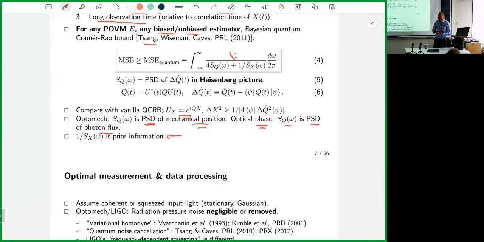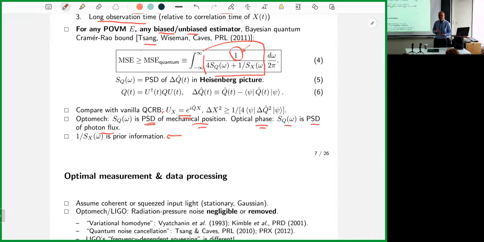I think you have to include something else in the numerator if you want to generalize this bound. I'm not too sure if it's just this guy without the integral, but it's a good point, probably. I think it is, but I don't remember exactly.